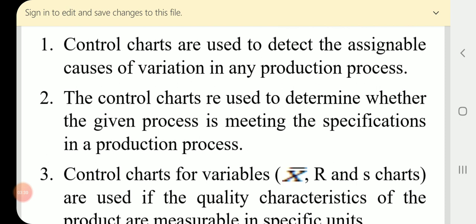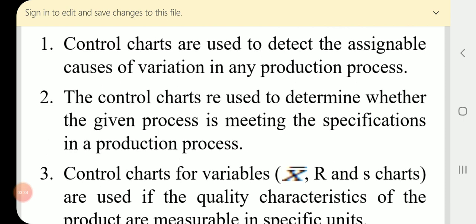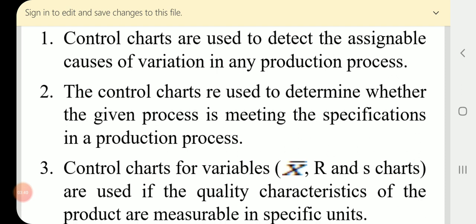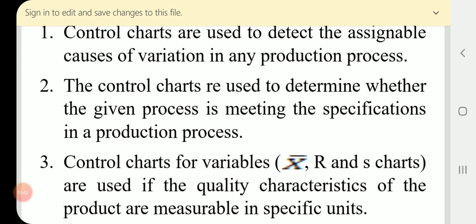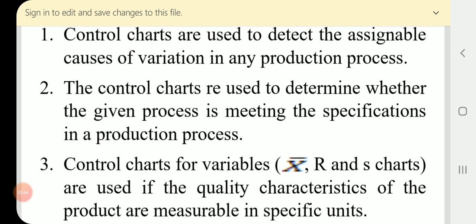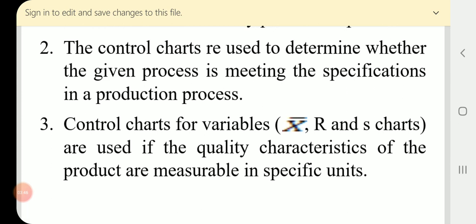What you have to test? We have to test whether the items produced by the company are meeting the specifications in any particular production process. That is another important use.